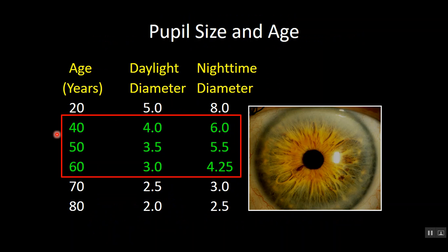Now we also have this issue with the aging eye called senile miosis, and that's as we age, our pupil size gets smaller and smaller, meaning we have less real estate to push the necessary light through the contact lens, through the smaller pupil, and back to the retina.